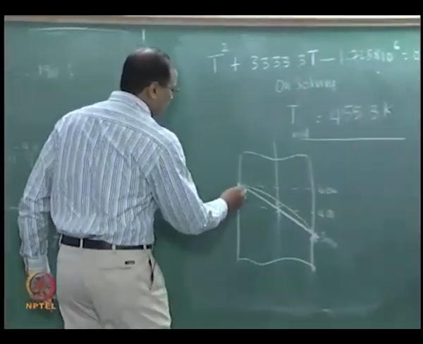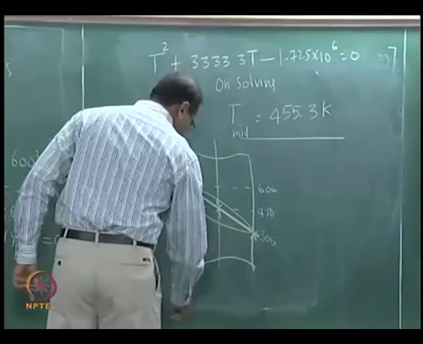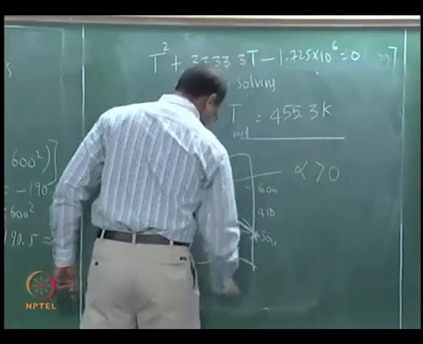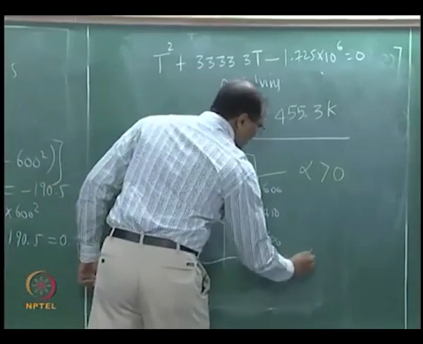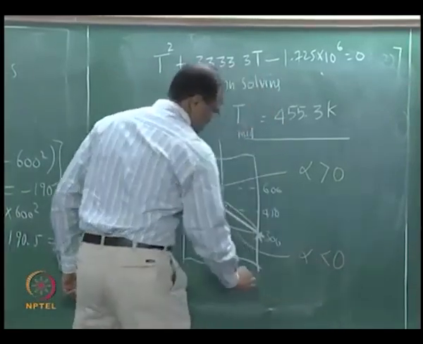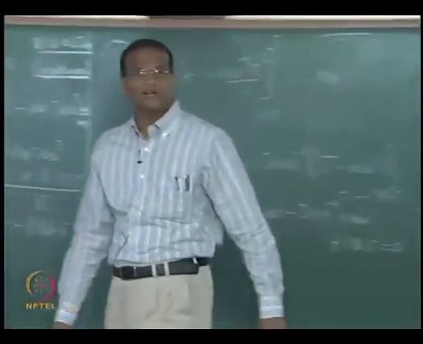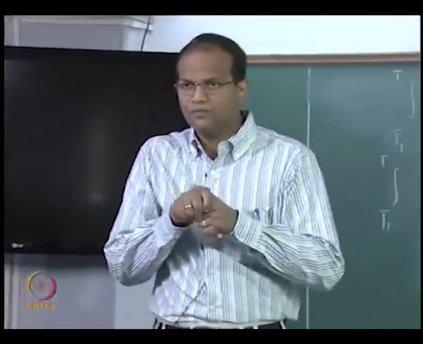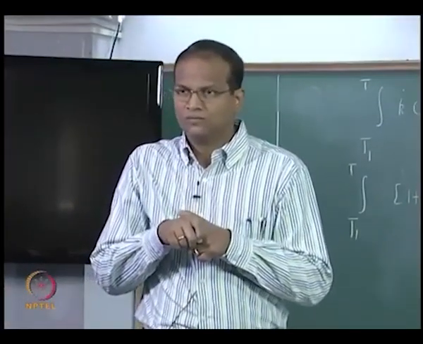A linear model can also give rise to the orange line. The yellow line is for alpha greater than 0. This is for alpha less than 0. Thermal conductivity can also decrease with temperature, right? This funda is clear.